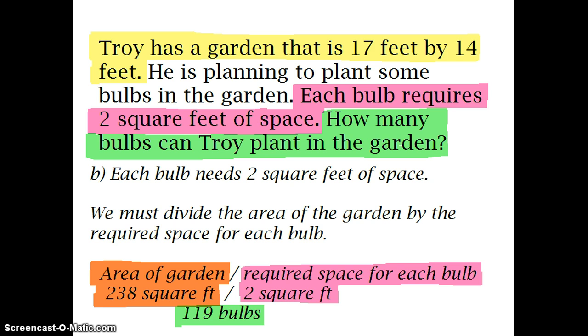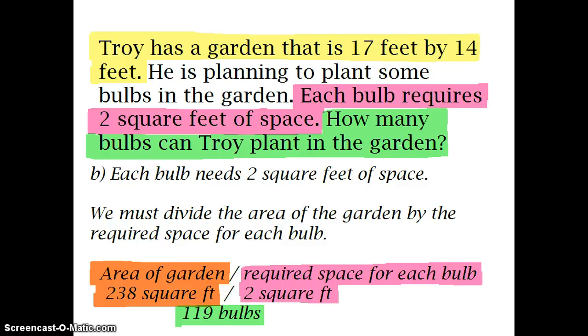Now, using that information that the area of the garden is 238 square feet, I must now find out how many bulbs I can plant. In our problem, it says that each bulb requires 2 square feet of space.